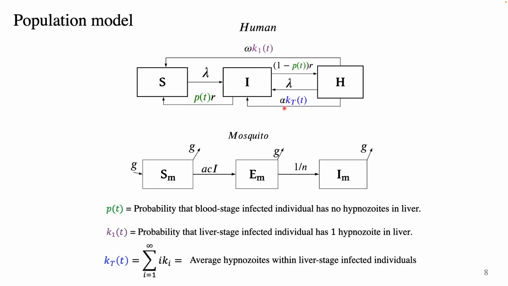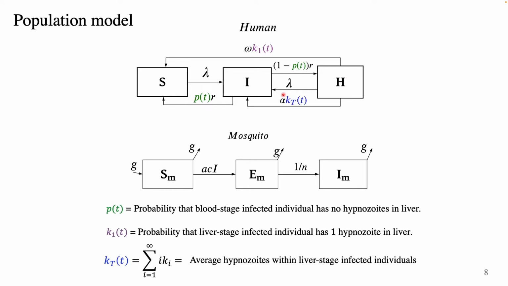We also defined alpha and omega as constant parameters, where alpha is the activation rate of the hypnozoites and omega is the death rate of hypnozoites. Liver stage infected individuals can still become susceptible if they had one hypnozoite and it died before it got the chance to activate.